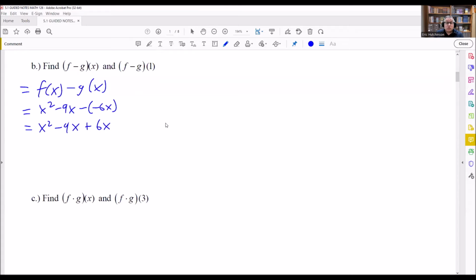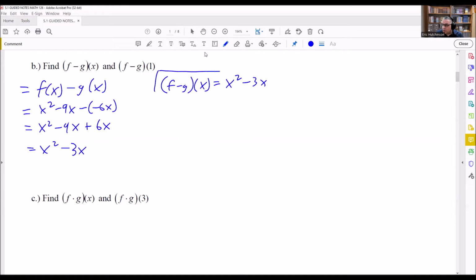Okay, so two negatives will turn into a positive, and now we have like terms that we can add together here. We have negative 9x plus 6x, minus 3x. We get there. So here is our first answer. We'll say that f minus g of x is equal to x squared minus 3x.